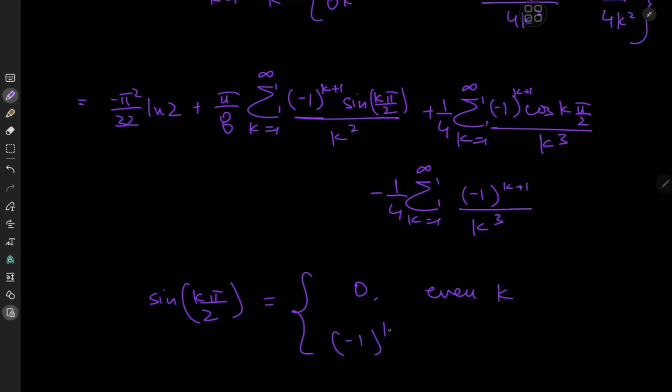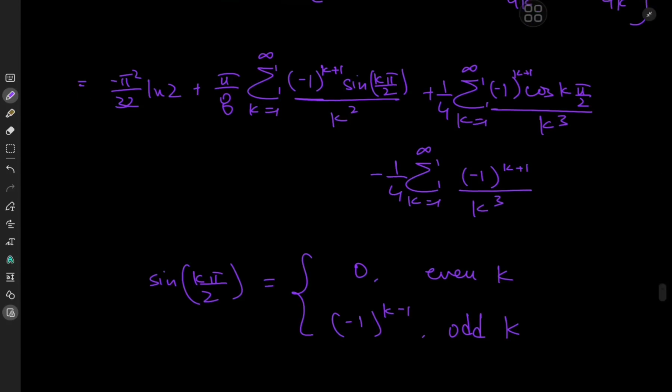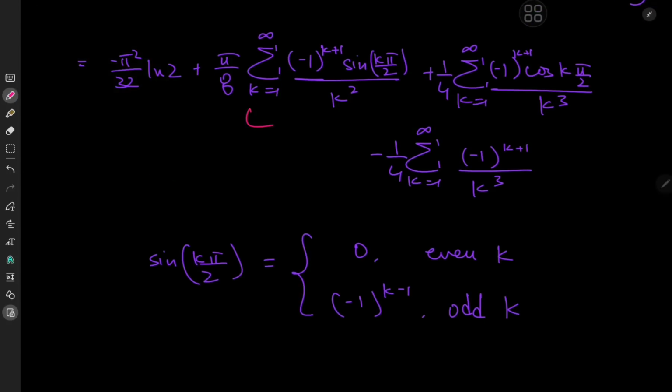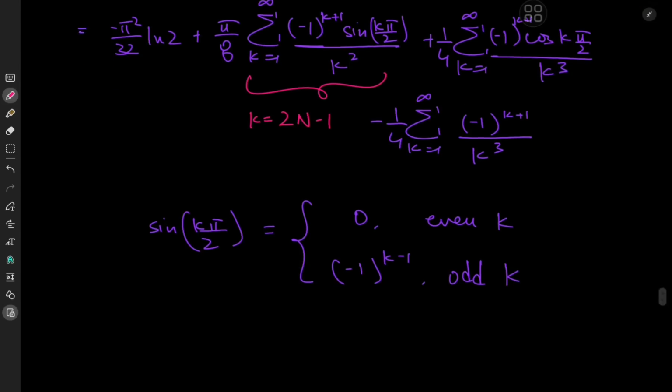So it should be negative 1 to the k plus 1 or k minus 1, whatever, it means the same thing, for odd k. Okay, cool. So that's all fine, which means for the first sum, what we need is a transformation. We only need k of the form 2n minus 1. So those are all the odd integers, and the sum will start at n equal to 1.